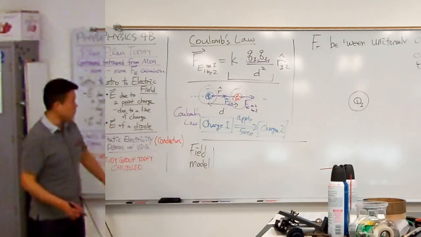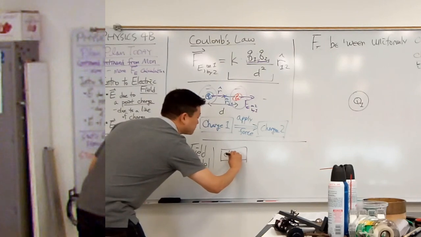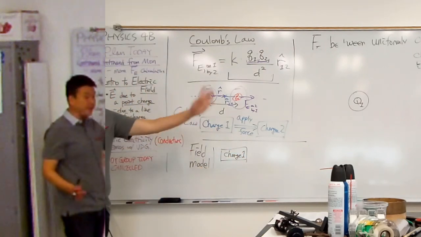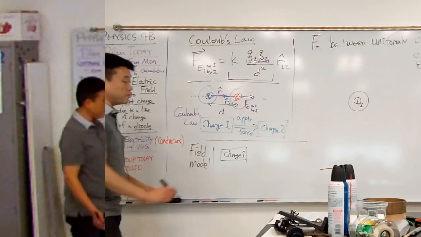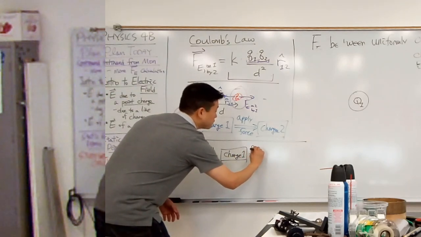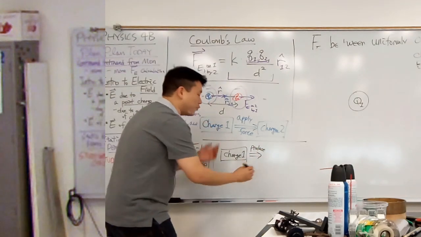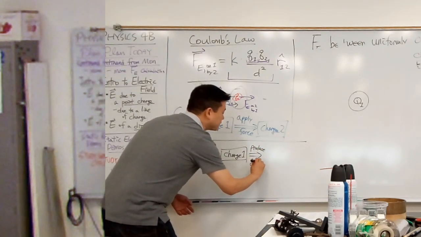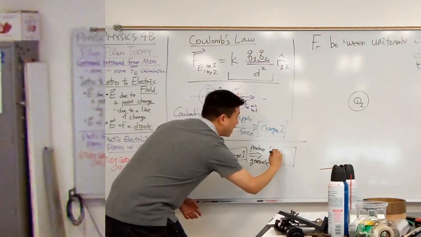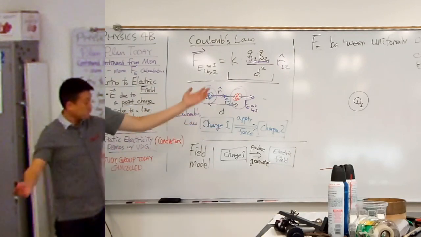So with the field model, what we say is that when you have charge 1, we don't look for another charge to immediately apply force to. What we do is say, all right, charge 1 is going to produce or generate, I don't think there's an actual standard word for it, a field that we are going to call the electric field. What is this electric field? Who knows?